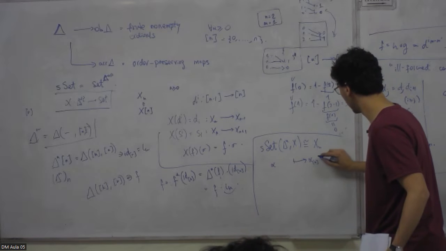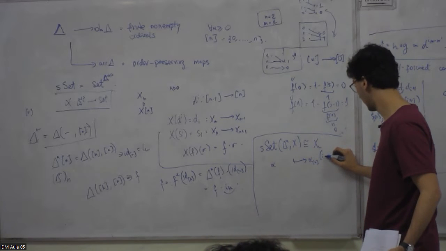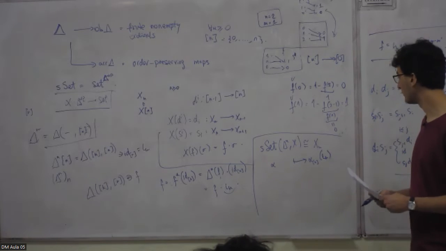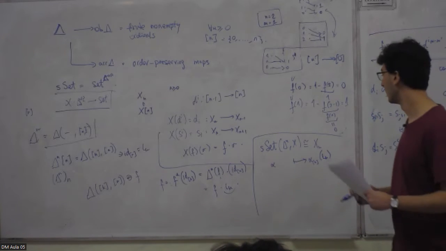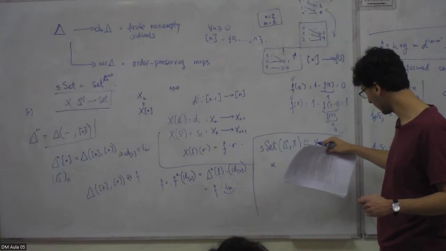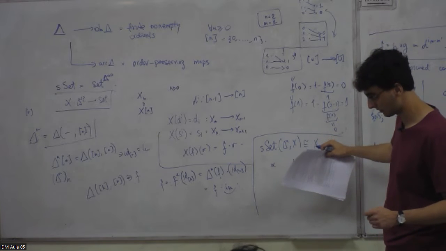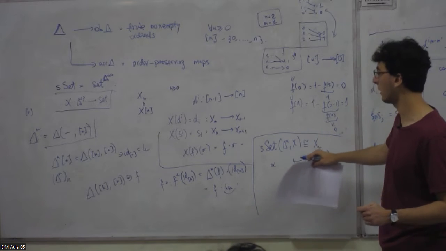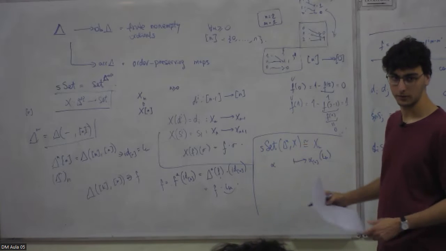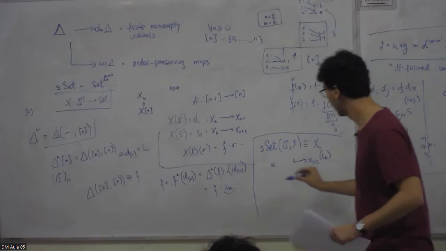The correspondence is given by evaluating this at iota sub n, let's say. So to give a simplex of degree n in an arbitrary simplicial set X is the same as giving a map of simplicial sets from the standard n simplex to X, right?